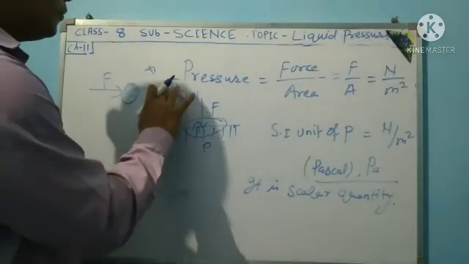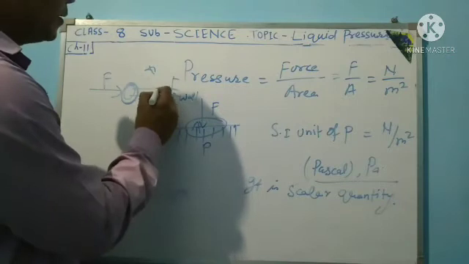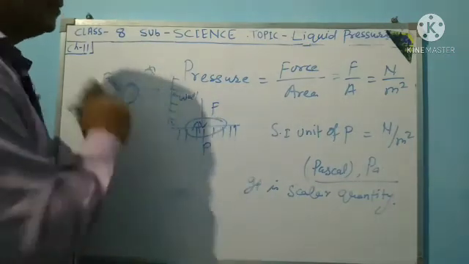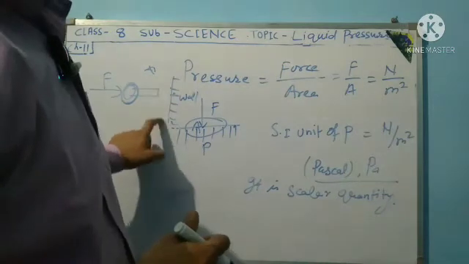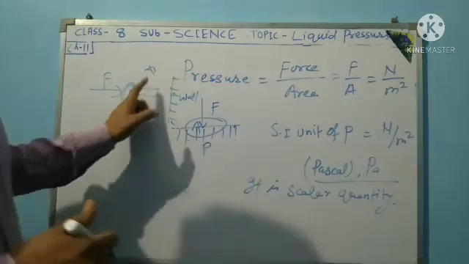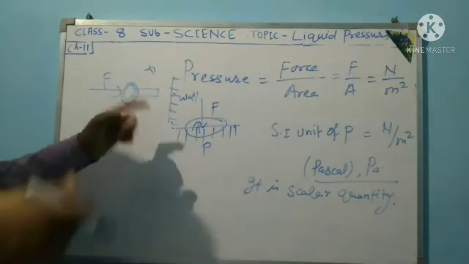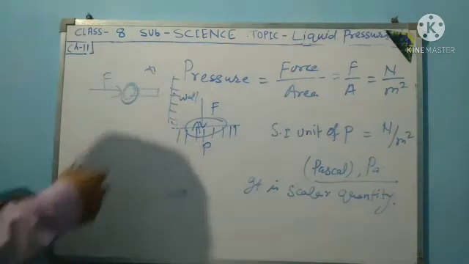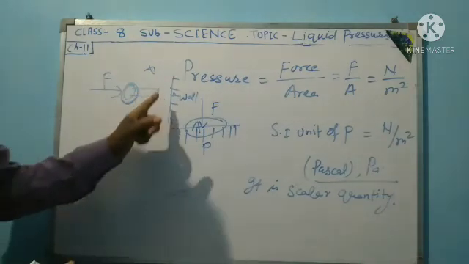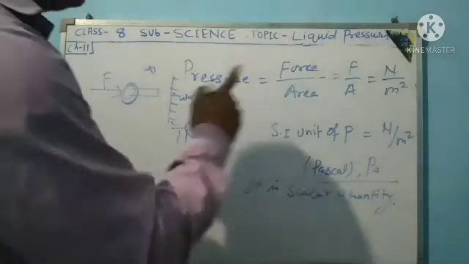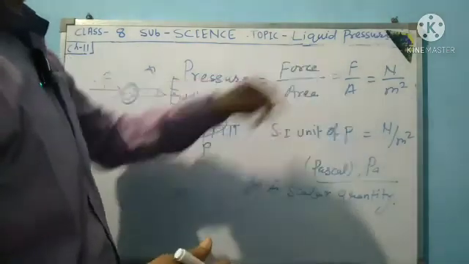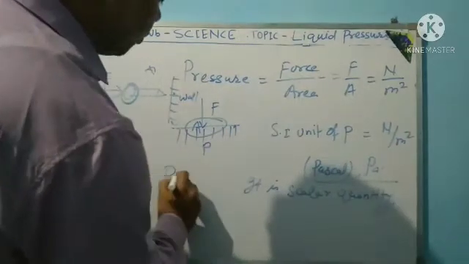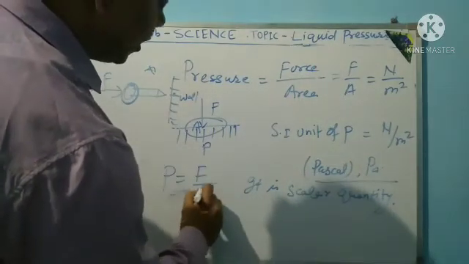If that area is blunted, means this pointed area is now not pointed, the area increases. Previously, that area was less. Means P is equal to F by A.